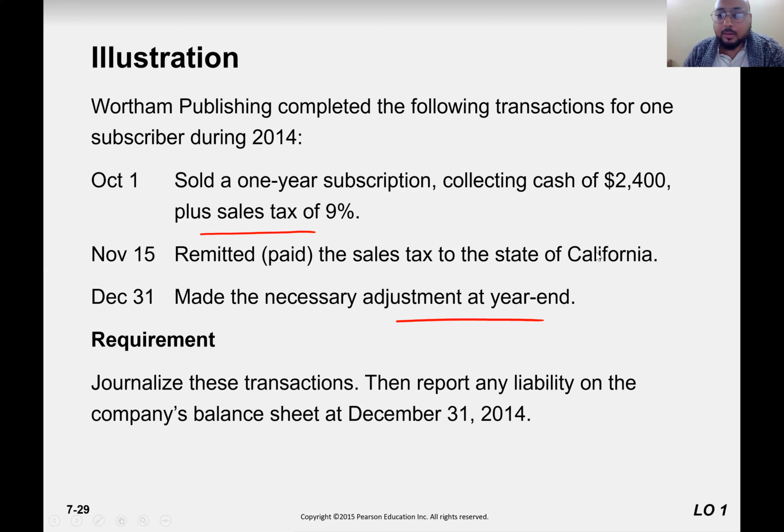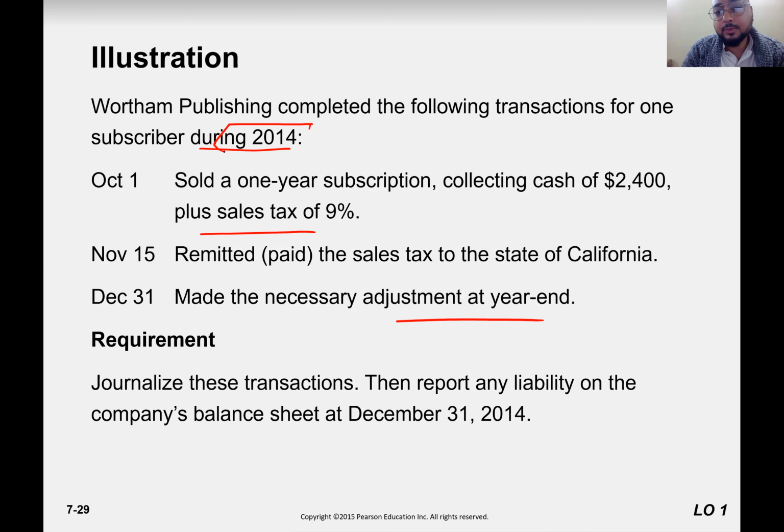Okay, class, welcome back after the breakout room activity. Let's compare our answers. Let me repeat the illustration. Wortham Publishing completed the following transaction for one subscriber during 2014.